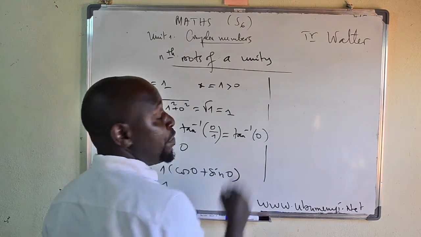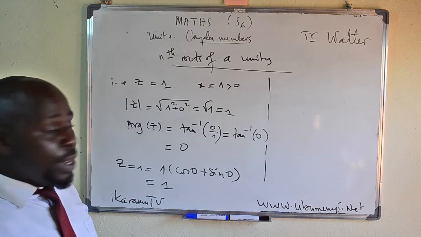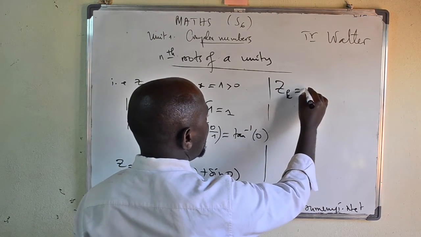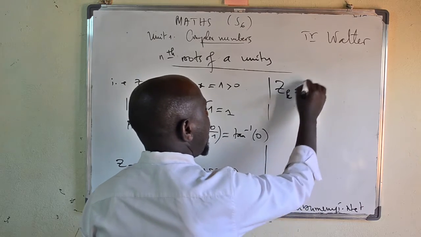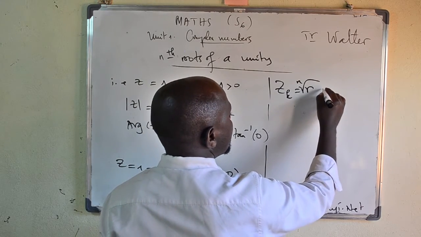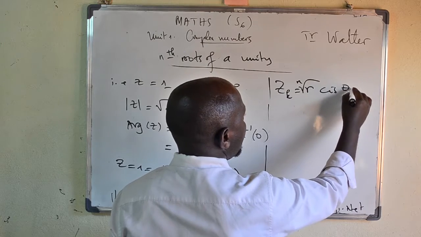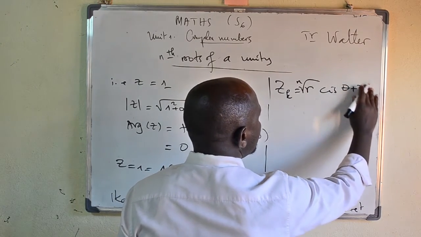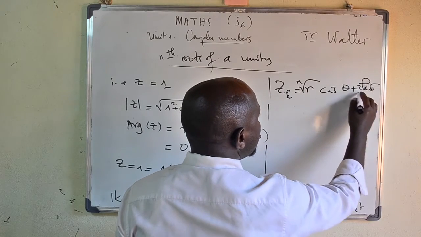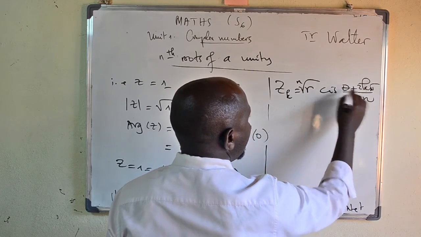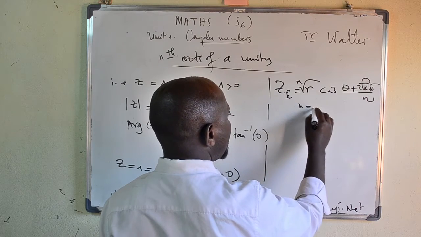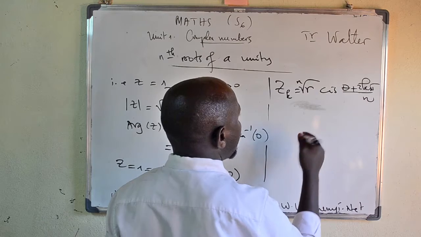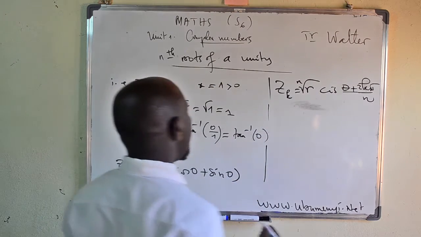We know the formula for the nth roots of any complex number. We know that zk equals the nth root of r, times cis of theta plus 2k pi over n. Now, ladies and gentlemen, here we have seen that r equals 1.